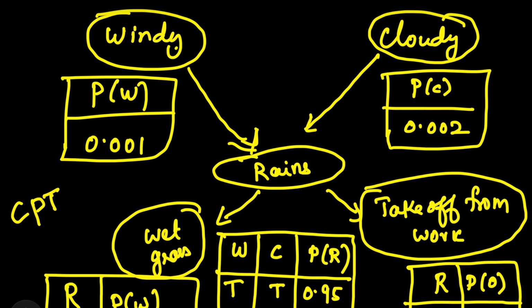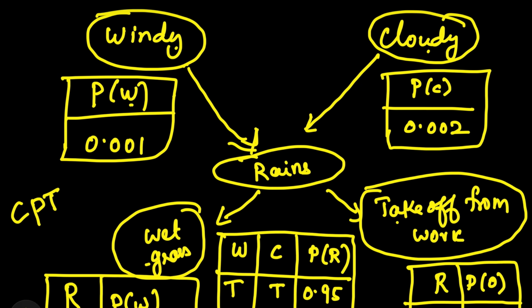See, windy is one feature, cloudy is one feature, wet grass is one feature, take off from work is another feature, rain is a separate feature. We assume that each and every feature is dependent on some other variable, so we have to explore it. That's why we draw a conditional probability table. Here, windy is a node according to this graph, and a conditional probability table is drawn for windy. P of W, the probability of windy, is 0.001.